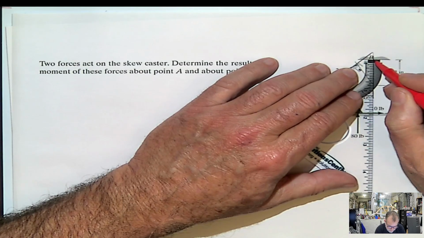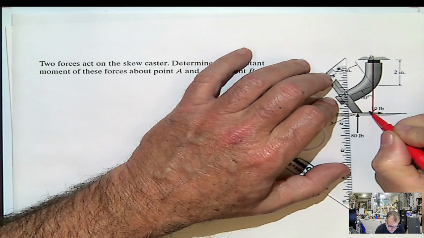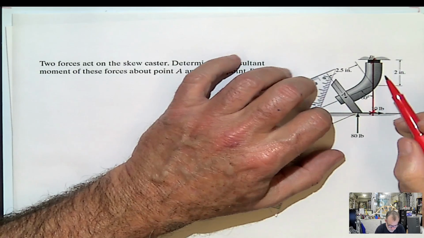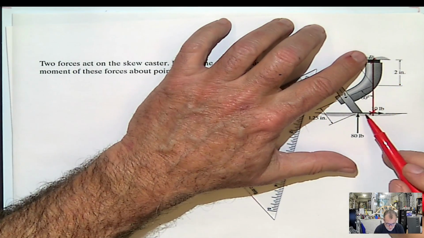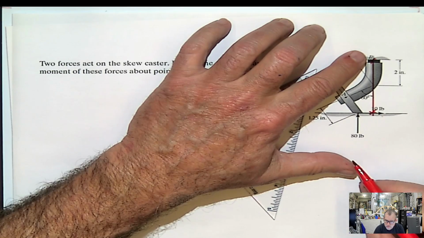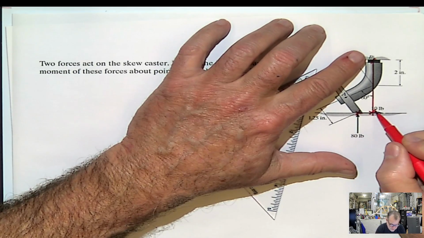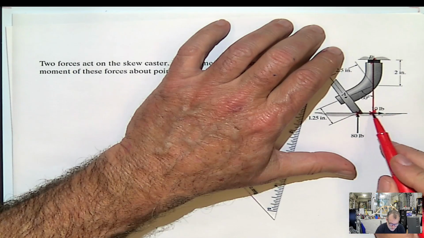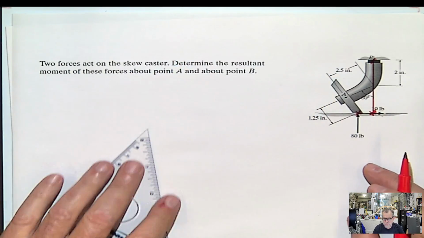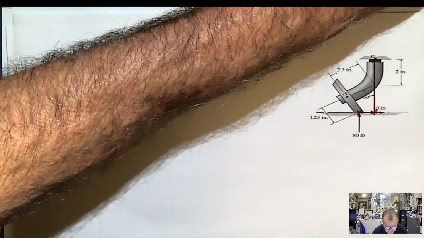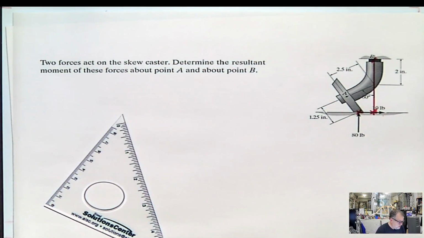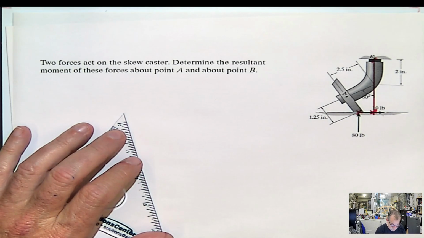So I need now to find this distance, because from the point B, this is the vertical distance to 10, and I need to find this distance because from the point B, this is the horizontal distance to that 80 over there. So we proceed in the same way, but we need to find those distances over there. How do we find those distances over there?